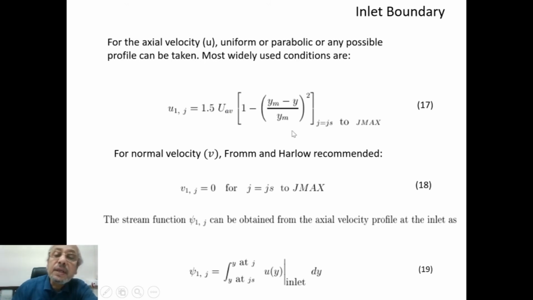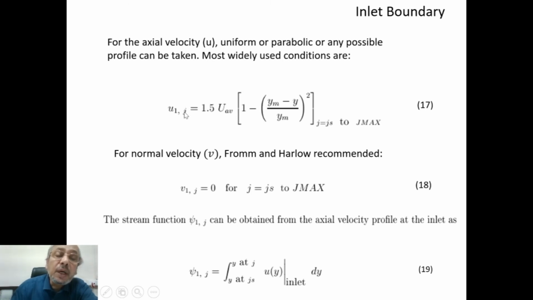Instead, if it is a parabolic profile, you can see we have written I equal to 1, u(1, j). That means at the first column of grid points, j will vary from j minimum to j maximum.